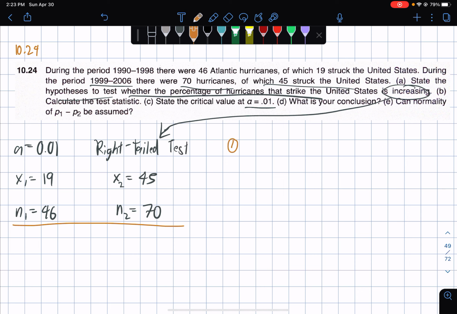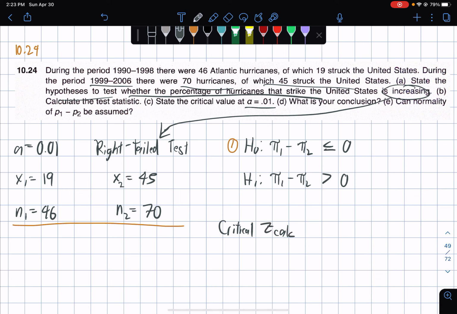Now let's try step 1. Step 1 is H0 and then H1. Because it's a right-tailed test, we put something like this, and then critical T. I think it's a T. No, it's a Z value.